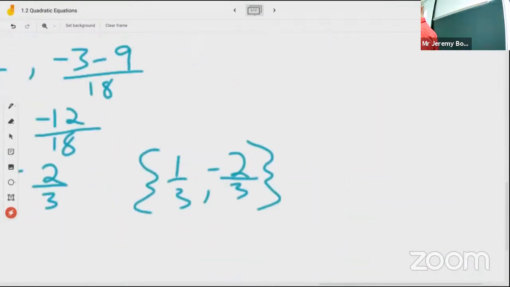You can usually figure it out from the answer. It would have factored to be 3x minus 1 and 3x plus 2. That's what it would have been.